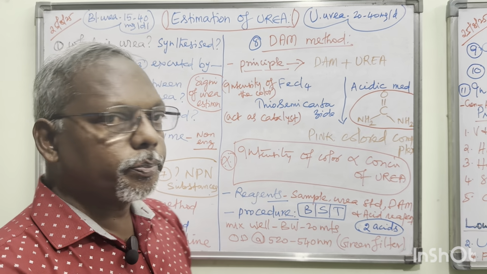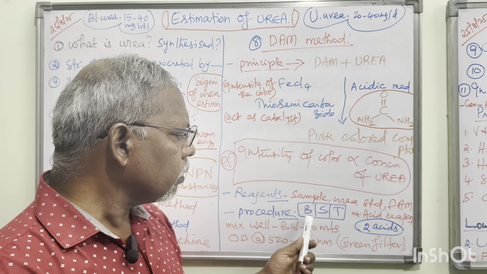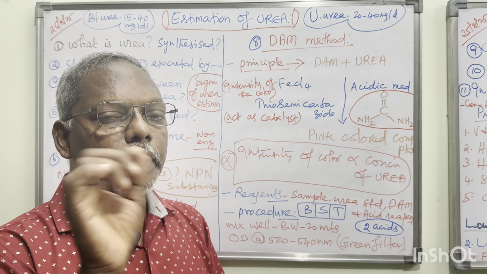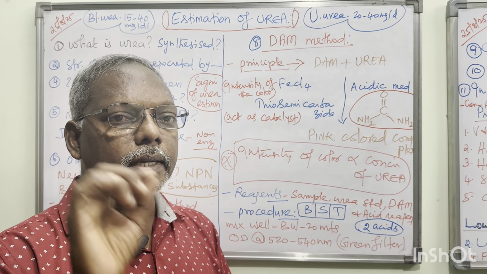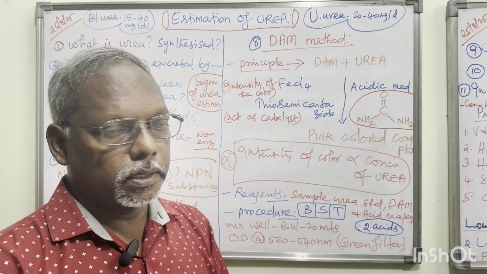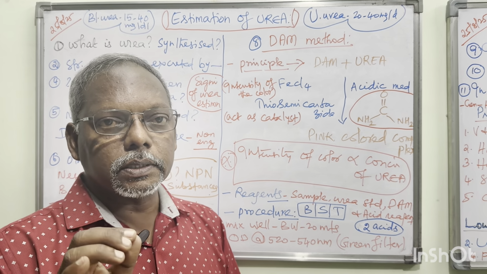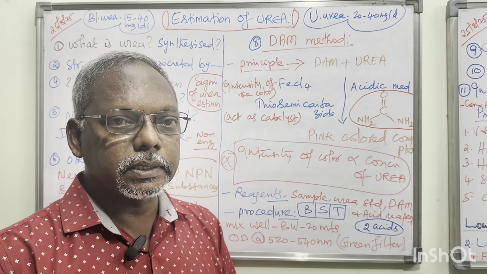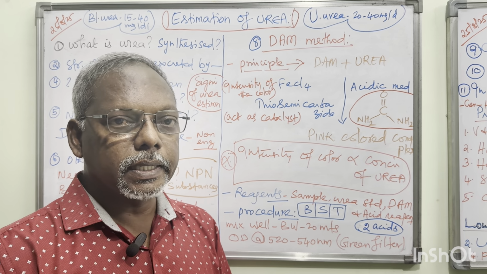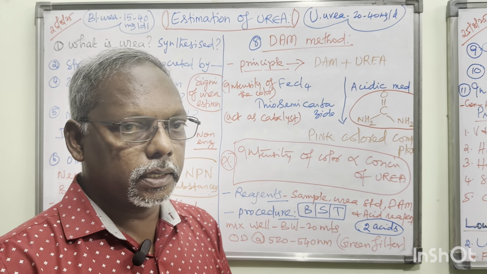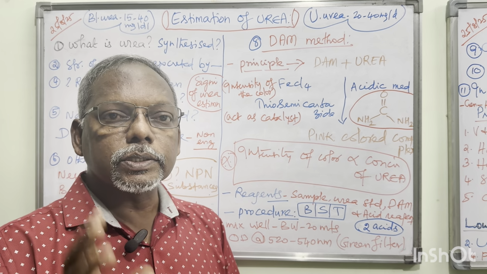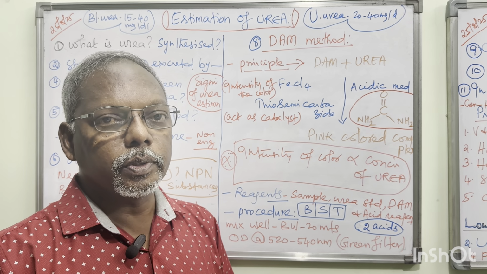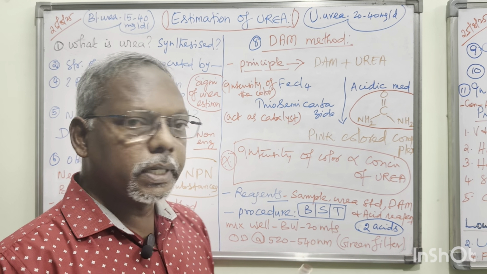After that, what is the procedure? You have to prepare 3 test tubes, labeled as blank, standard and test. Blank means, except the analyte, it consists of all the reagents like distilled water and other reagents, with no analyte. Standard means a known concentration, which will be prepared by your lab personnel. The third one is test.